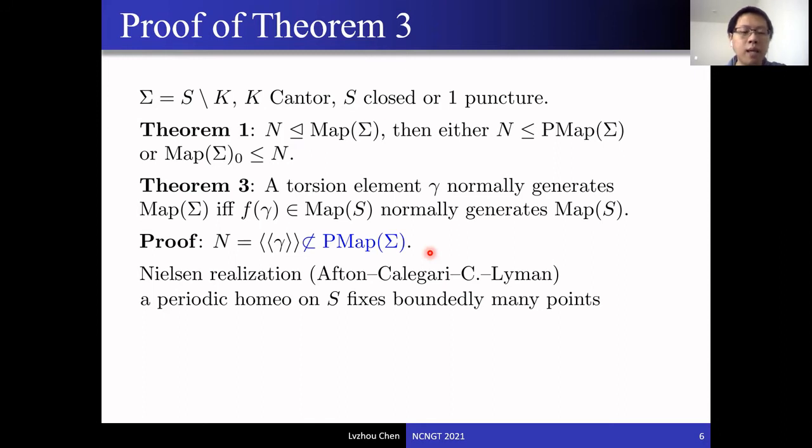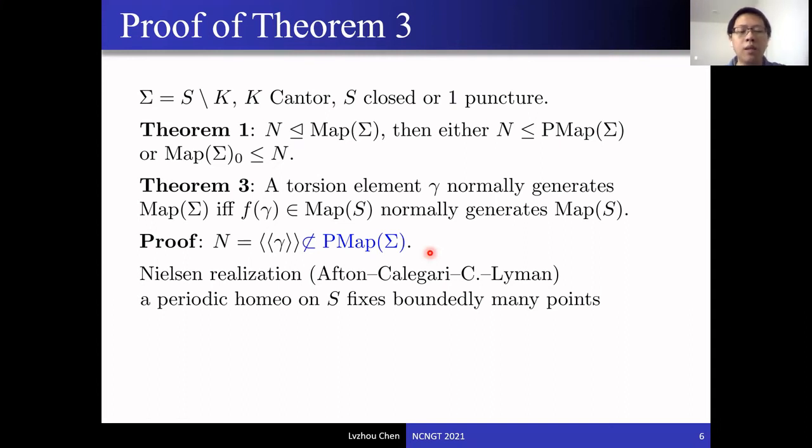Now, if gamma lies inside the pure mapping class group, it will fix the Cantor set pointwise. So in particular, it should have infinitely many fixed points. On the other hand, one can show that any periodic homeomorphism other than the identity map on the finite type surface must fix only finitely many points.